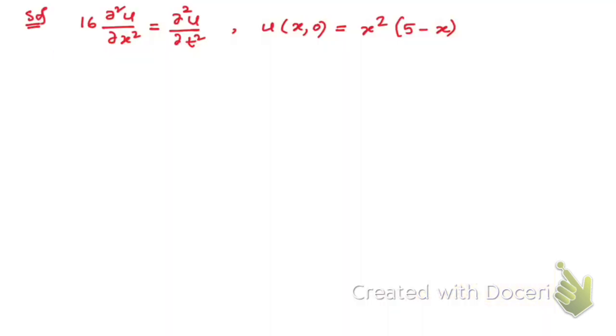So now what we can do, let us take u is equal to capital X, which is a function of small x, and into capital T, which is a function of small t, right? So let me take that one. So this is equation number 1, suppose. Okay, so now let's find del u by del x, right?